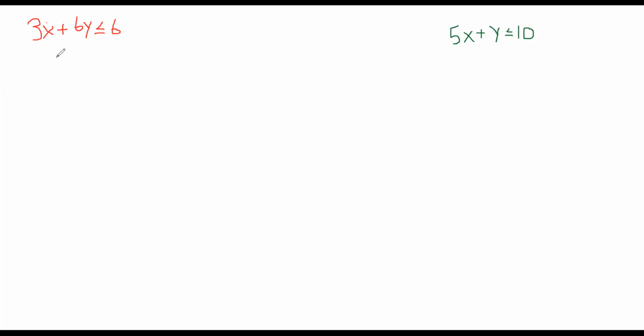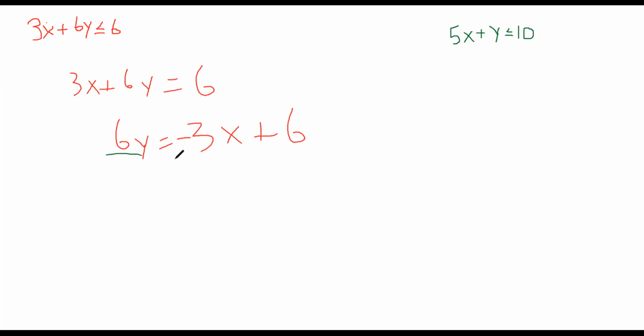So first we have to deal with this one. We need to first treat it like it's an equation, just for the purpose of actually graphing the line itself. So I'm going to move the 3x to the other side. So I'm going to end up with 6y equals negative 3x plus 6. Then I'm going to divide everything by 6, the number in front of y, so I can get y by itself.